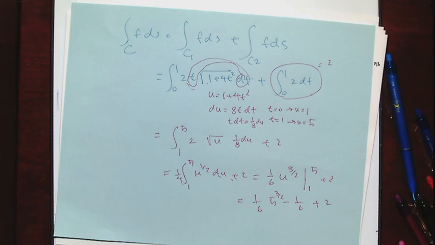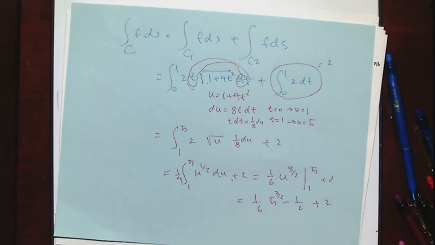Scalar line integral comes with a scalar function. So what we did here, we had an f that was giving us a number, right? It wasn't giving us a vector. F was giving you a number, not a vector. And this scalar line integral basically computed the area.